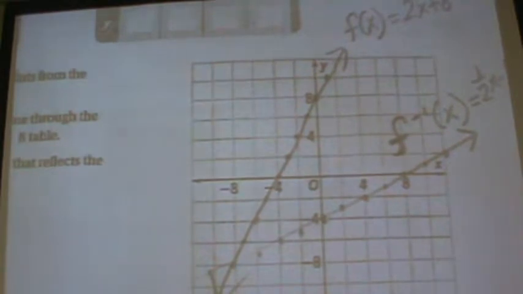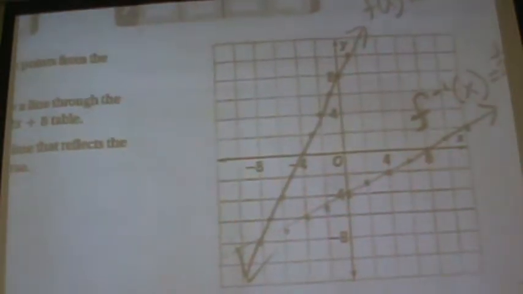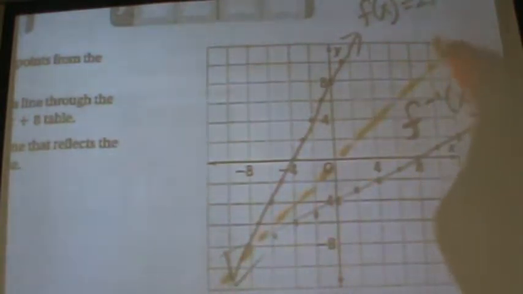Now, do you see something symmetrical to this? It's not symmetry over the origin. Remember, origin symmetry is if (2, 1) is on the graph, then (-2, -1) is. That's not what's happening here. This has symmetry to the line y equals x.